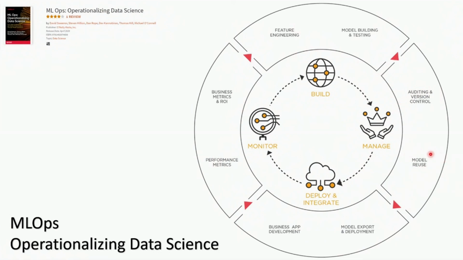Can the same model be reused in a different landscape, where scenarios are similar, in a like-to-like state? In deploy and integrate, we have model export and deployment, and business app development, where you start using the model. These are the parts where we start doing more ops than ML.